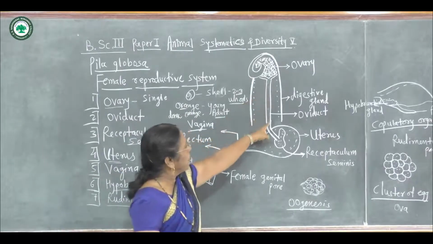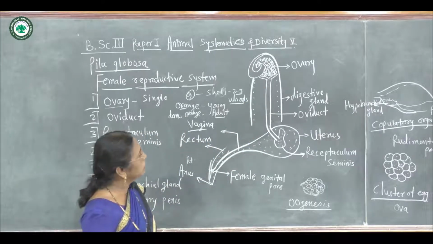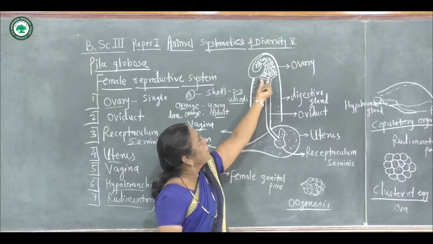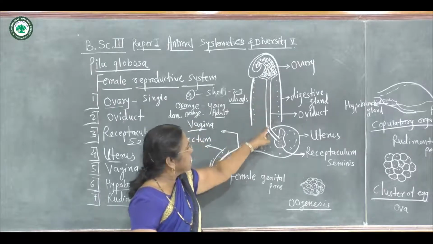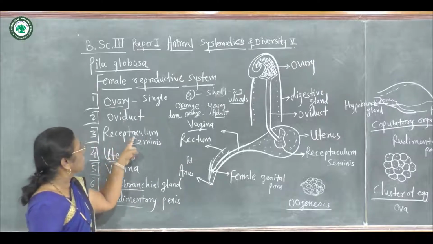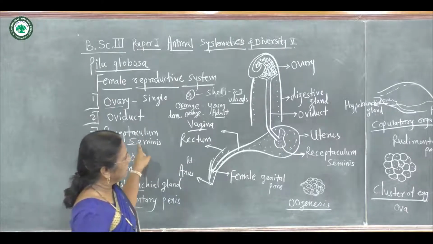It is a uniform diameter, muscular tube which is transparent and thin walled. Its main function is to carry eggs or ova from the middle region of the ovary. It emerges posteriorly and turns to the left side and opens into the receptaculum seminis, or seminal receptaculum.